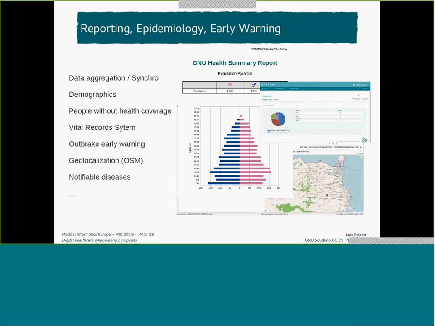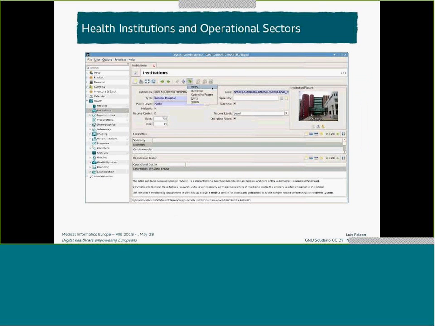The next is the creation of the health institution, and from that very same system, things such as the bed status, the buildings, the operating rooms, the units, wards, etc. And also the specialties that the institution covers, such as nutrition, cardiovascular, and so on.